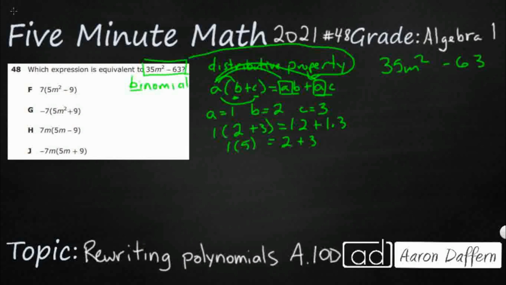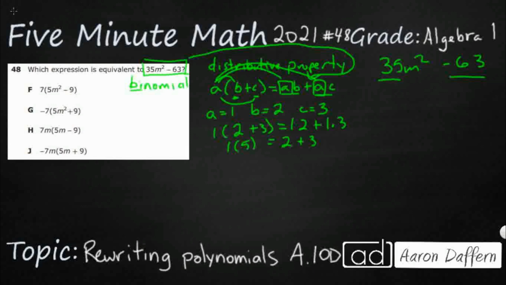First, we're looking for the easiest thing, which is going to be variables. I've got an m squared on that 35 side, but I don't have anything on that 63. Typically, you would find the same letter on both of these terms. One might be squared, one might not have an exponent, so it's to different degrees. But you can't say there's a common factor of a variable here, because there's not an m in both of those.